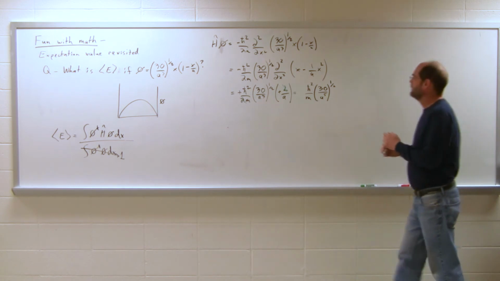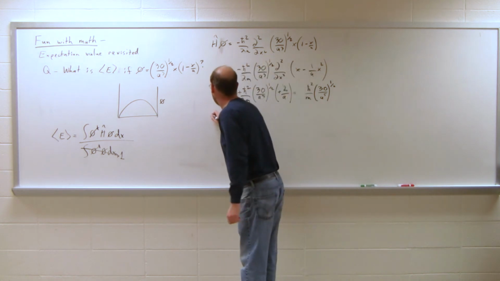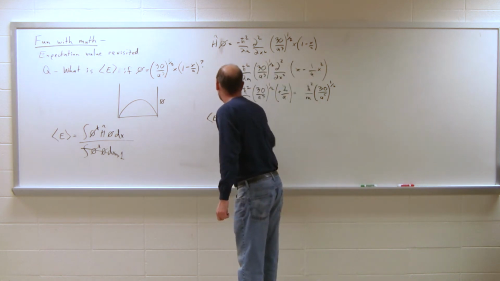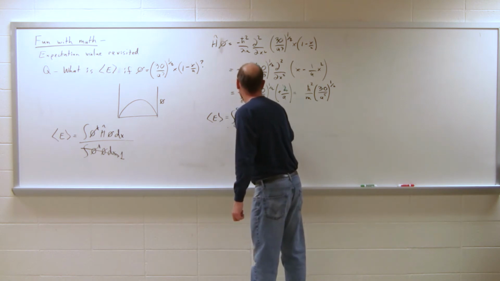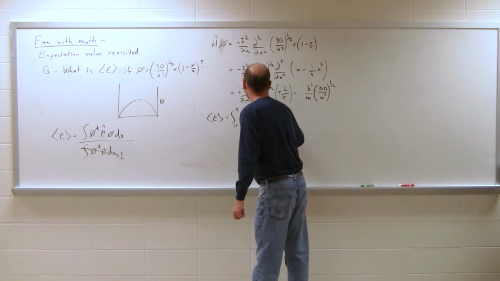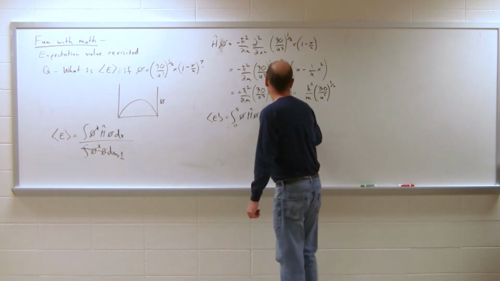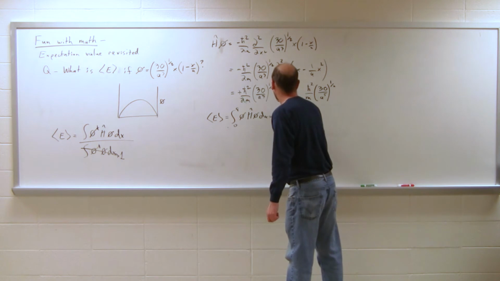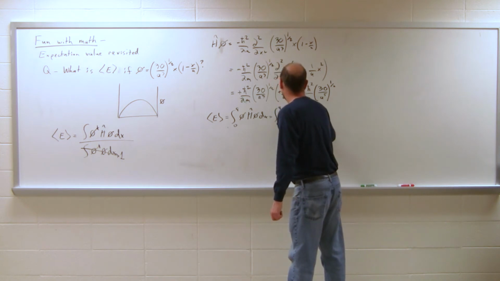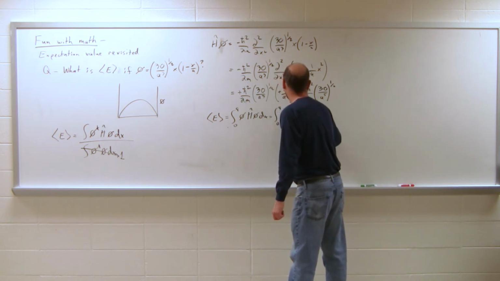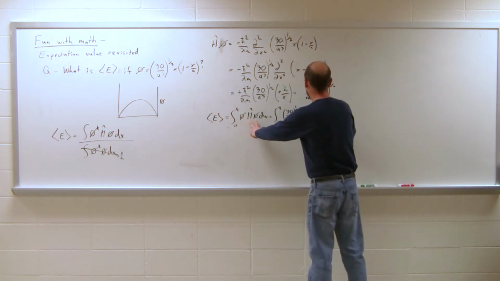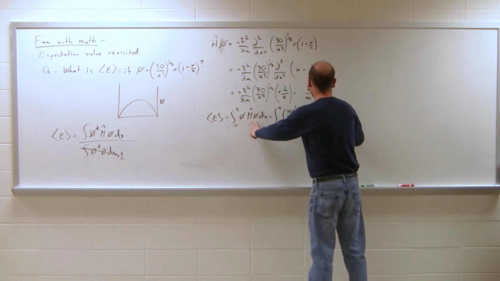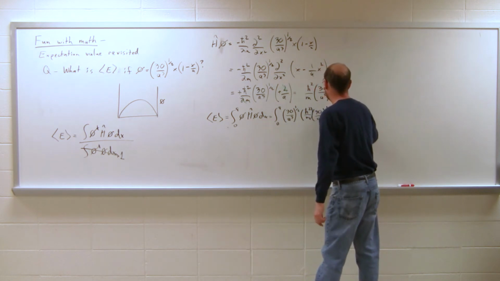Now, remember that the expectation value of E is equal to the integral from 0 to a of psi H psi dx, which is equal to the integral from 0 to a of (30 over a to the third) to the 1/2, and this term here, which is just a constant, h bar squared over m, (30 over a to the 5th) to the 1/2.